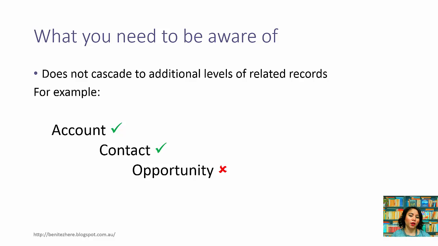For example, if I had set up an opportunity relationship record where it will clone when you clone an account through the contact level, it didn't work. It would only go account and contact, but it didn't go down from the contact to the opportunity. So that's something to be aware of.